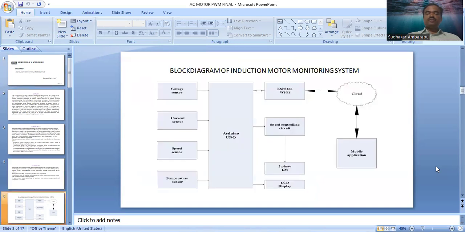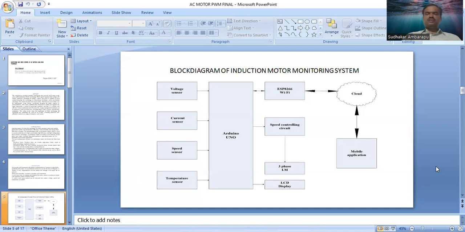So here, if we observe the block diagram of the monitoring system of an induction motor, there will be different sensors like voltage sensor, current sensor, speed sensor, and temperature sensor. These sensors will be continuously monitoring the different parameters like voltage, current, speed, and temperature of the induction motor.